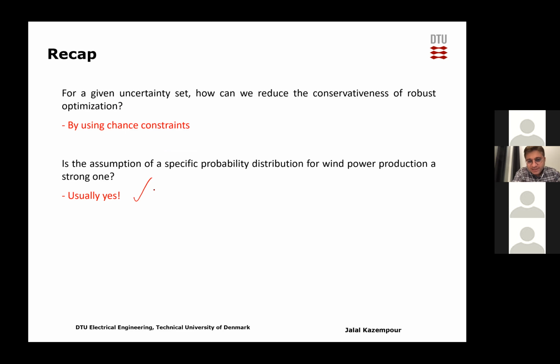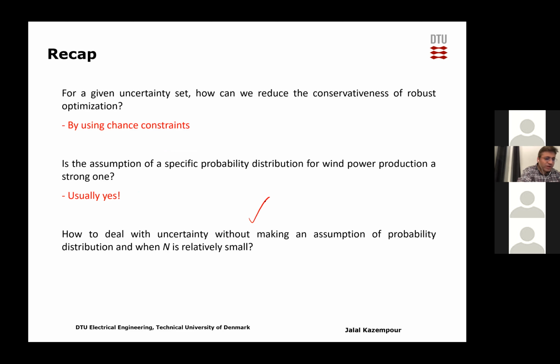Yes, usually it is. We assume that we exactly know what the probability distribution of the wind forecast is. In general, we don't know that much about it. So how to solve the problem while we are not confident about the underlying probability distribution? We can use DRO.